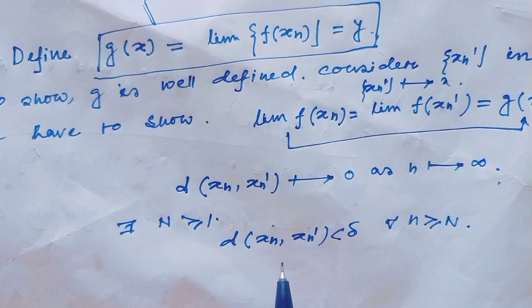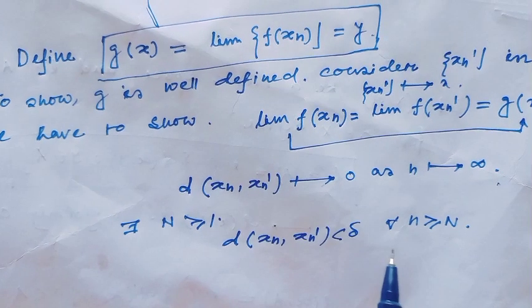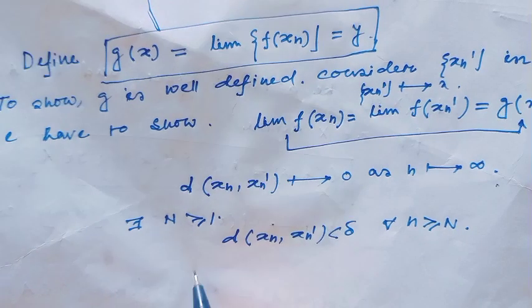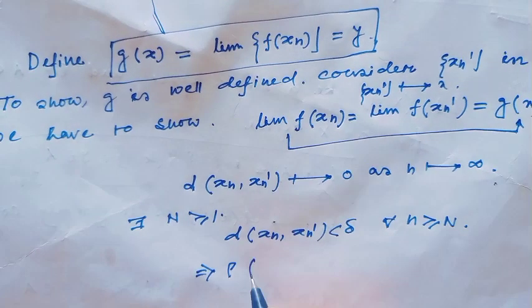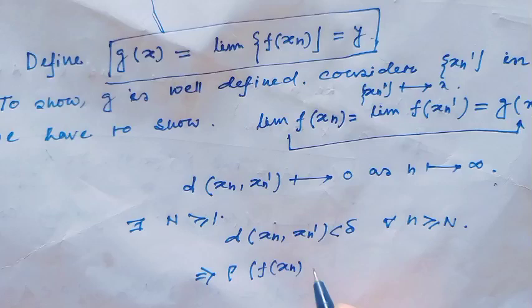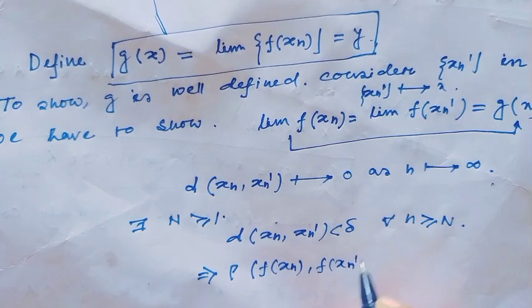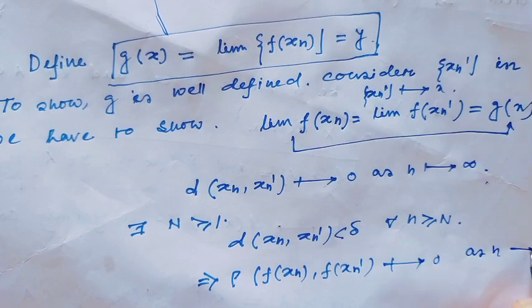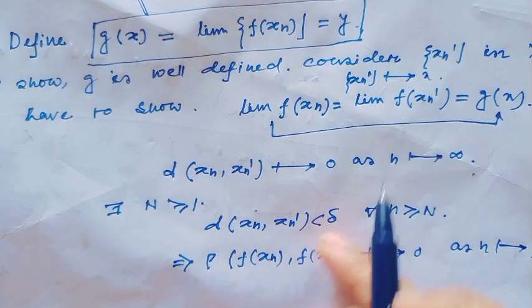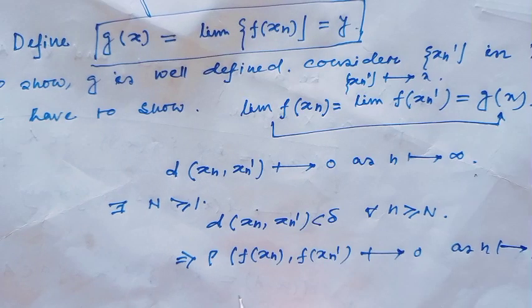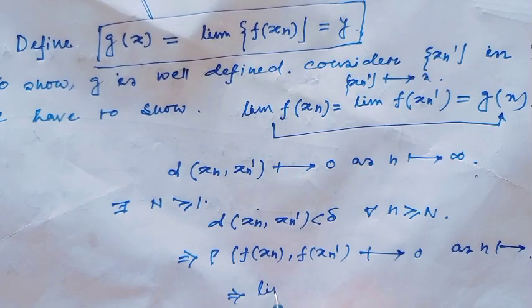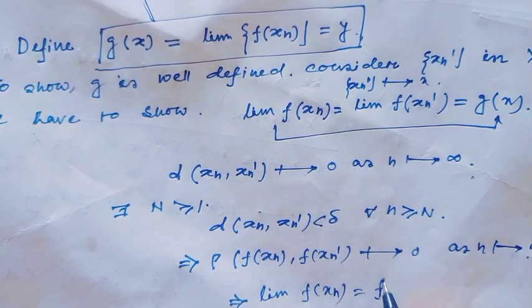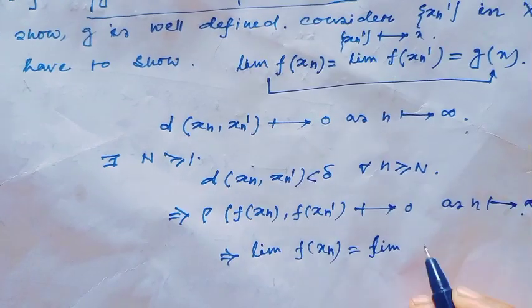That means obviously d of xn comma xn dash is less than delta for n greater than or equal to capital N, and that implies rho of f of xn comma f of xn dash tends to 0 as n tends to infinity, and this implies limit f(xn) equals limit f(xn dash).